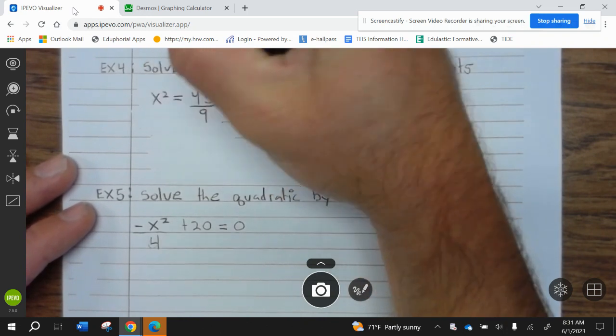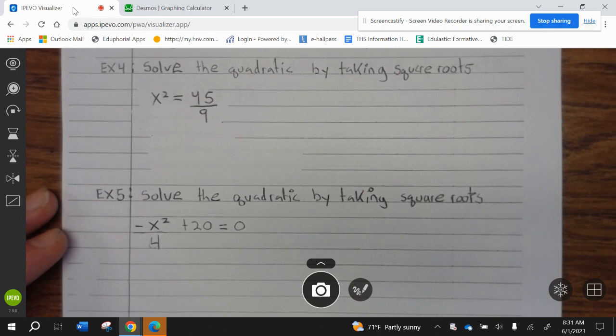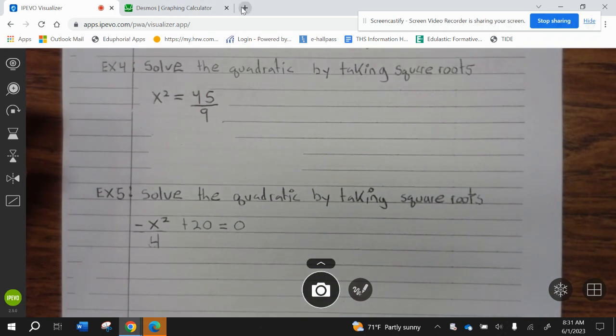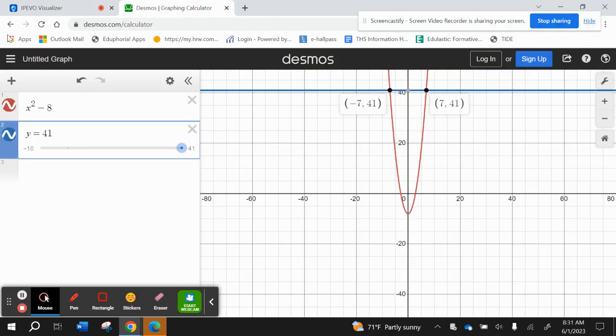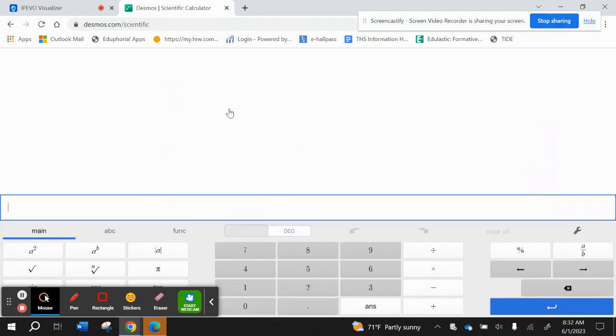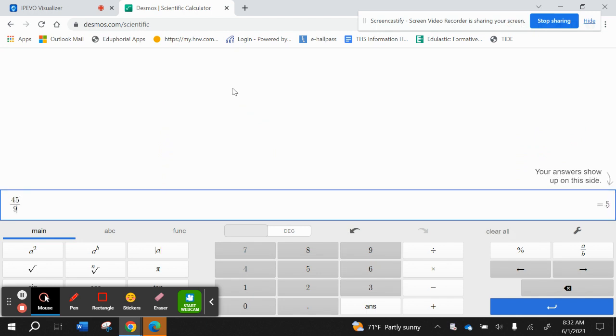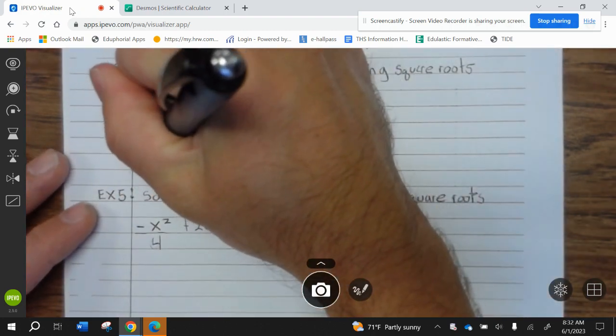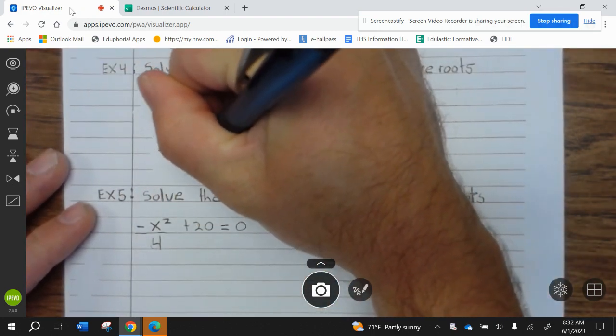Now, first things first, we can actually divide 45 by 9. Let me go back here. Scientific calculator. 45 divided by 9 is 5. So let's rewrite this as x squared equal to 5.